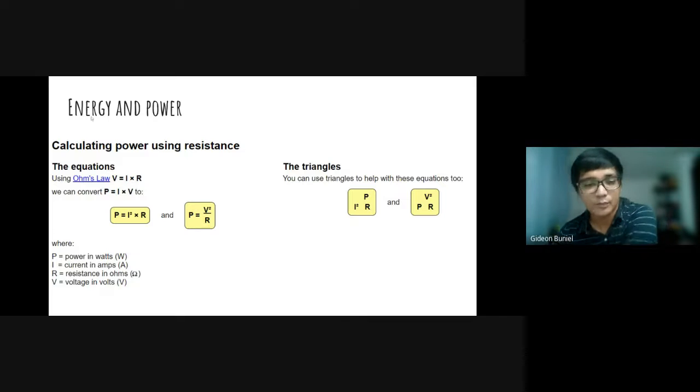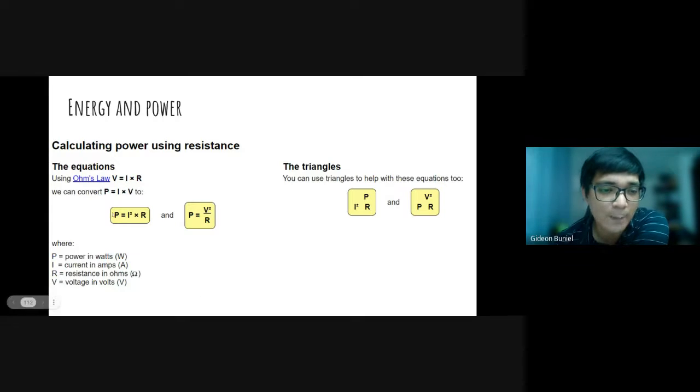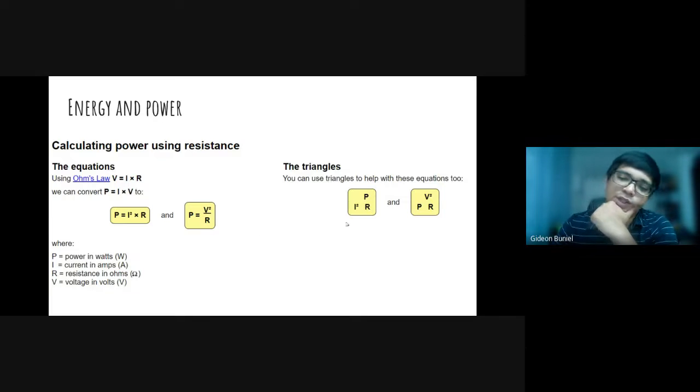So take note of this formula, maybe we can use it in the near future for your reference as well. Where P is power in watts, I is current in amps, R is resistance in ohms, and V is voltage in volts. The triangles, again, are just like the pyramid form we have for Ohm's law. You can use triangles to help with these equations too.